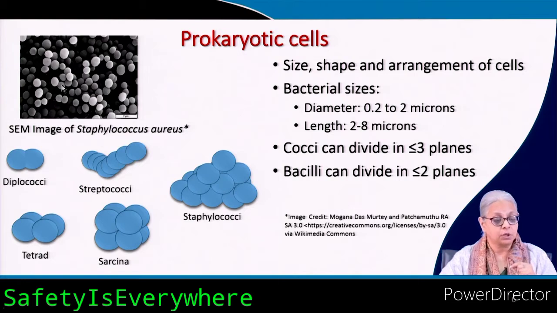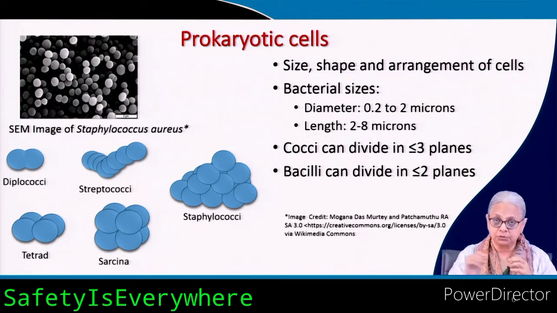So if you have cocci, similar to this particular species, Staphylococcus aureus, let's imagine that we have a single coccoid cell. If it reproduces in one plane, just like a line, so a line is your one-dimensional reproduction, and this particular coccoid has split into two, so it's a diplococci.